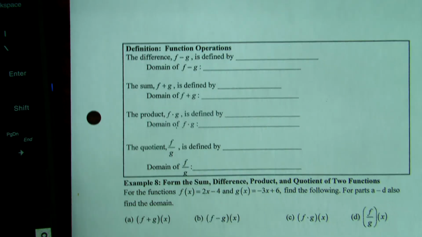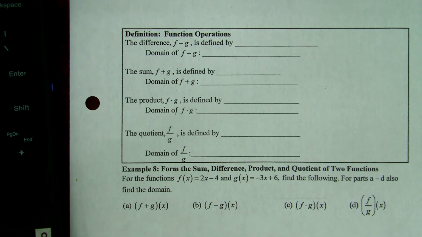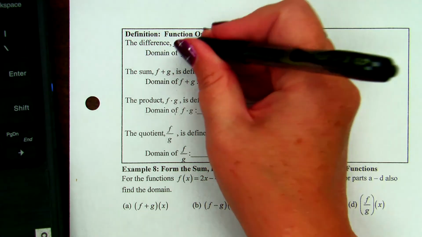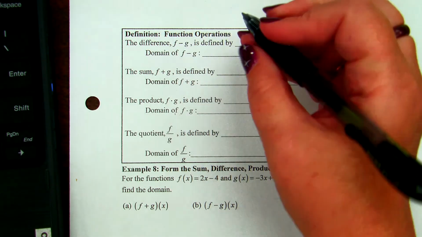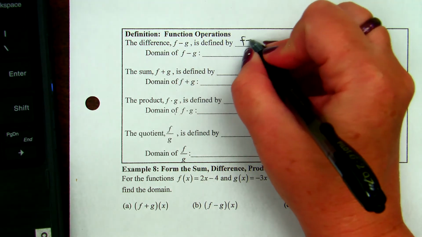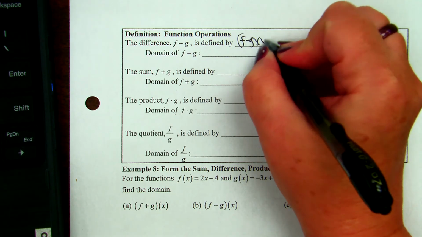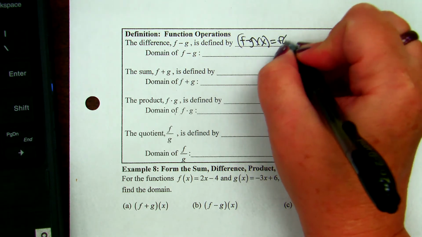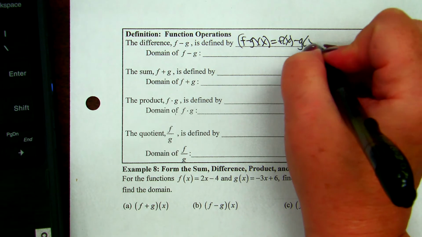So next, when we have f minus g, you write f minus g of x. That's equal to f of x minus g of x.